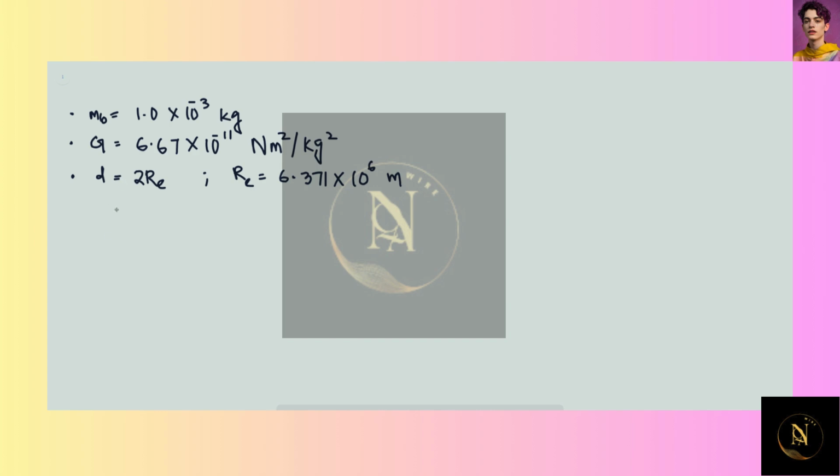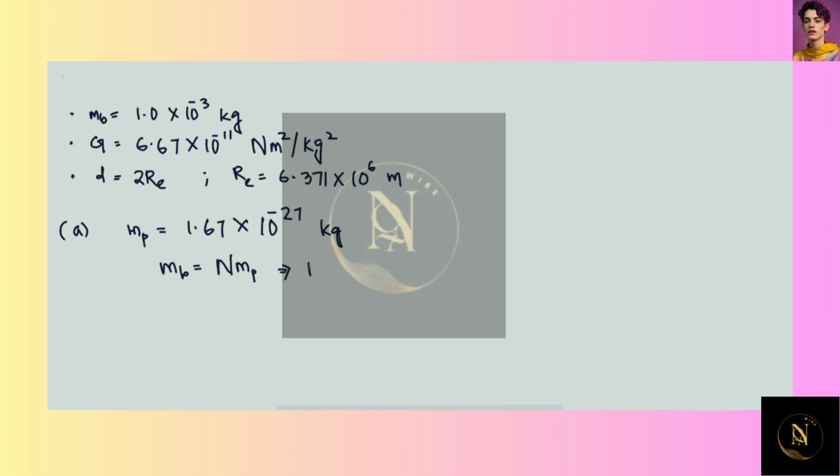Now in the first part we have to find the number of protons in each bag. So we know that MP, the mass of the proton, is equal to 1.67 times 10 to the power minus 27 kg. So this is the mass of one single proton. Therefore, MB will be equal to the number of protons inside each bag times the mass of the proton.